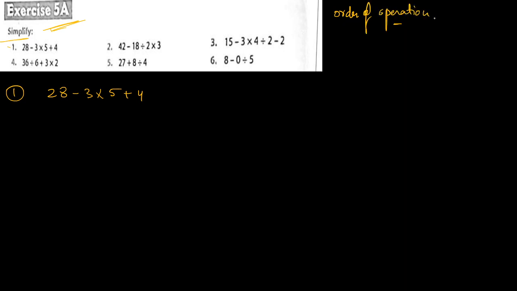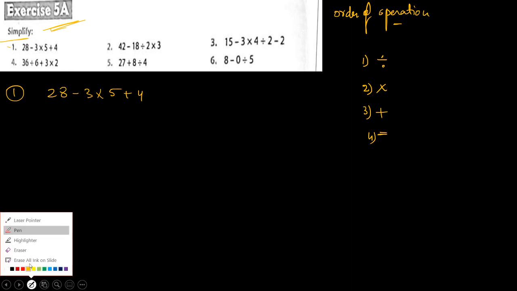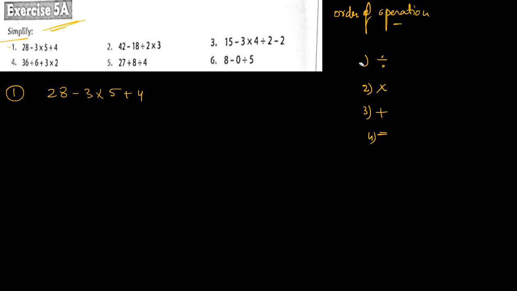The first step should be division, then second step should be multiplication, third step should be addition, and the fourth step should be subtraction. Okay, this is the first step, this is the second, this is the third, and this is the fourth step. So with the help of this order only, we will solve these questions.